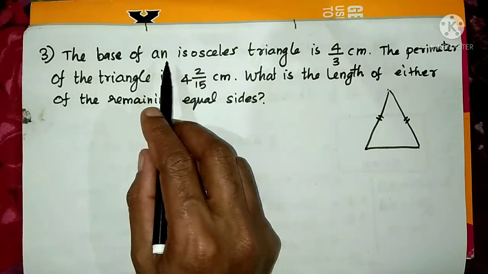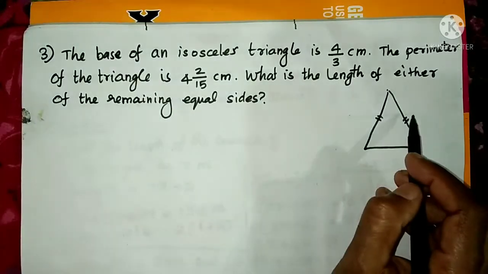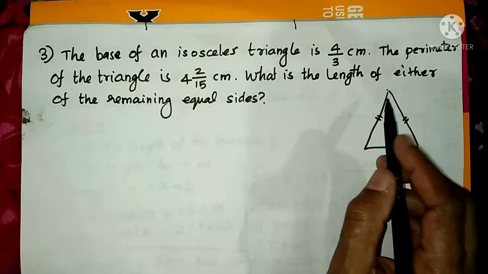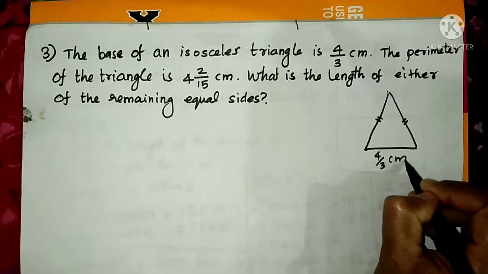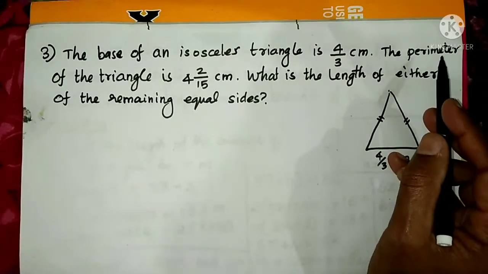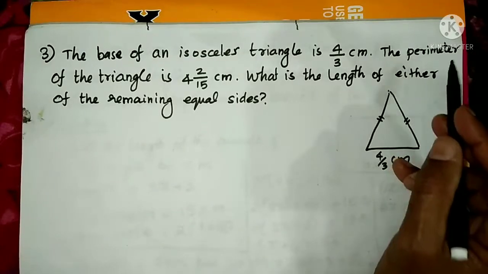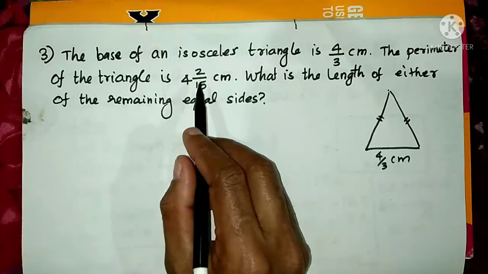So in this question we have to find the lengths of equal sides of an isosceles triangle. Base here is given as 4/3 centimeter, and also it is given that the perimeter of the triangle is equal to 2/15.